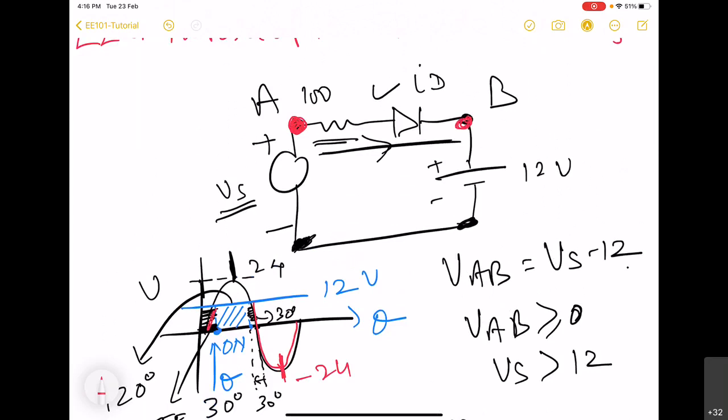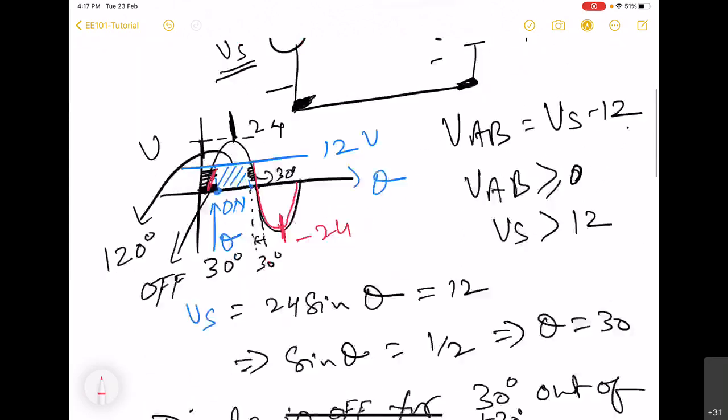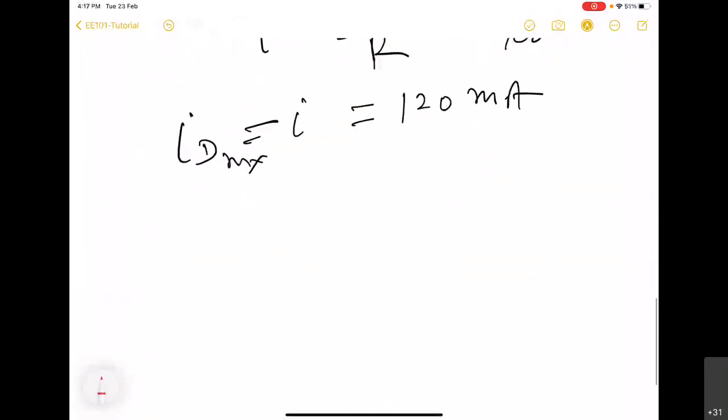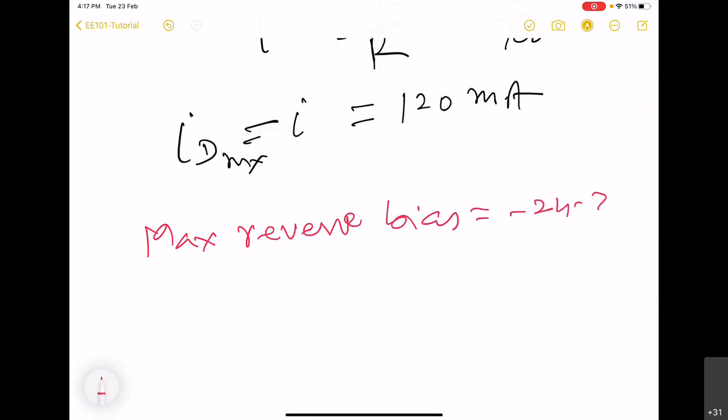And the node B is already connected to 12 volt, and this will be connected to minus 24 volt. So the maximum reverse bias voltage is going to be minus 24 minus 12, equal to minus 36.